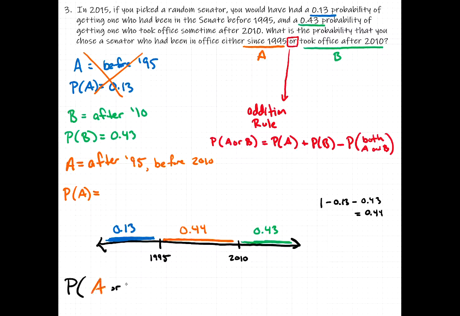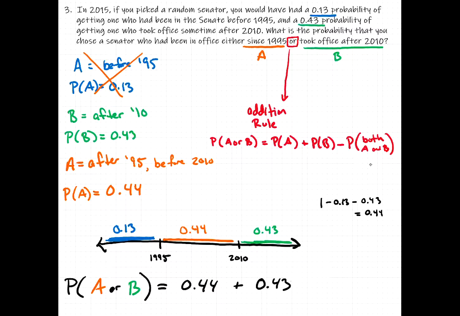Probability of A, and we use green for B. There we go. So the probability of A or B. Well, the probability of A that we're using here is 0.44 plus the probability of B, which is here, 0.43.